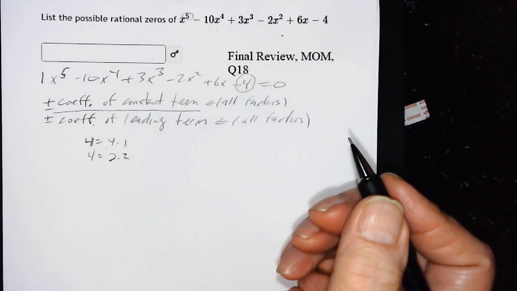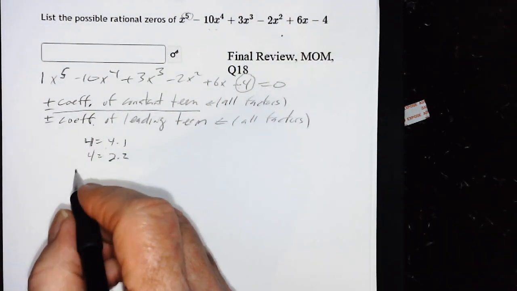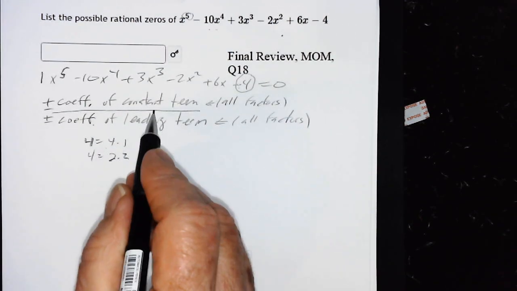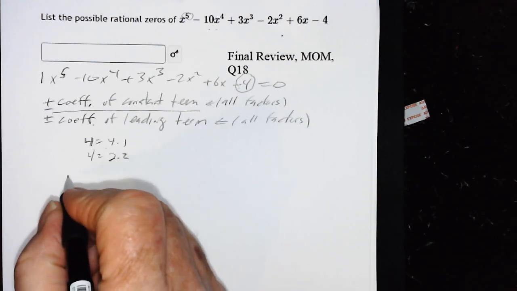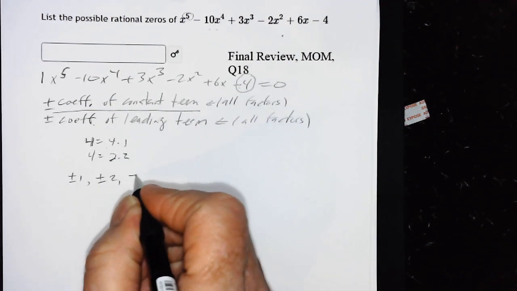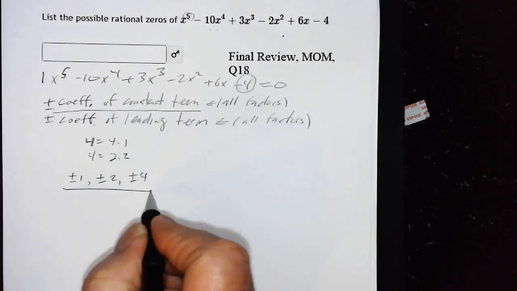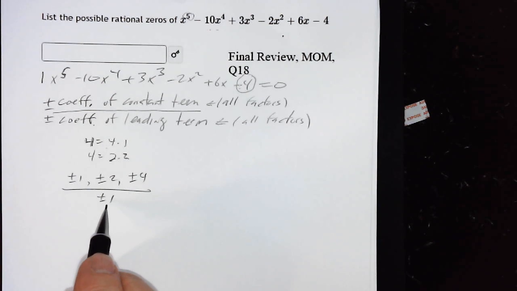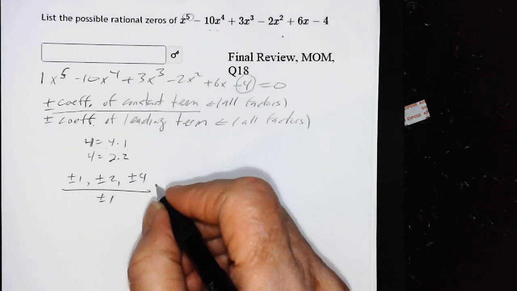So the possible factors of this numerator are plus or minus 1, plus or minus 2, and plus or minus 4. We'll divide that by the plus or minus 1, which are the only factors of the leading term's coefficient. But that leads to a lot of possibilities already in itself.